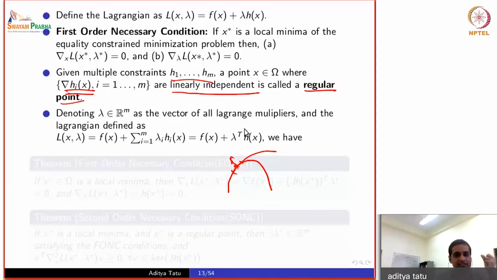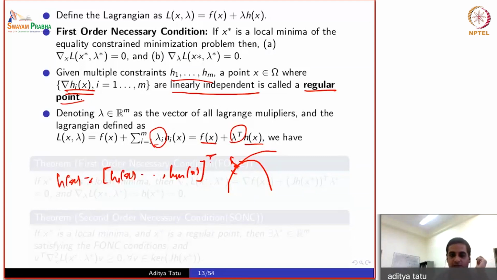Once that is done, it's the same thing. You just have one Lagrange multiplier per equality constraint, and then you can rewrite this as the vector f(x) plus the vector lambda transpose times h(x). If you recollect my notation, whenever I write a vector, you should always assume that it is being written as a column vector.